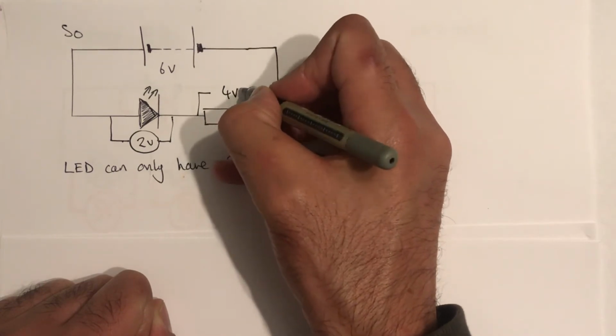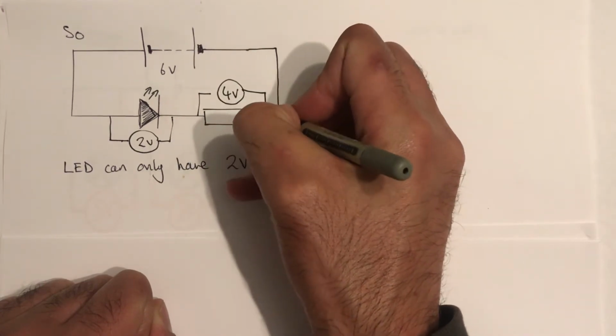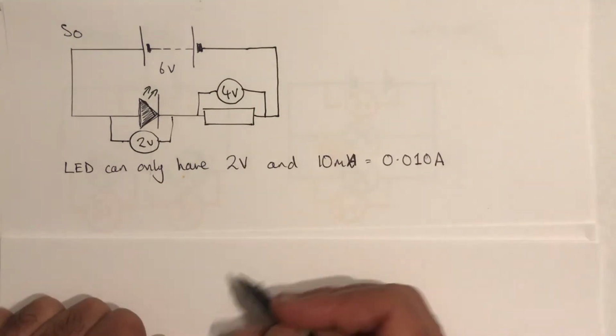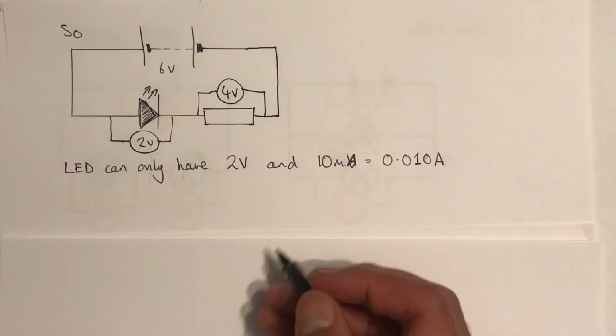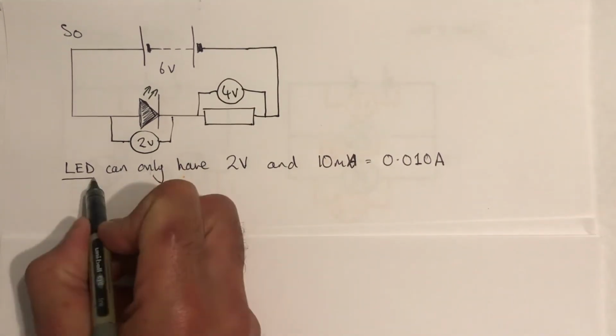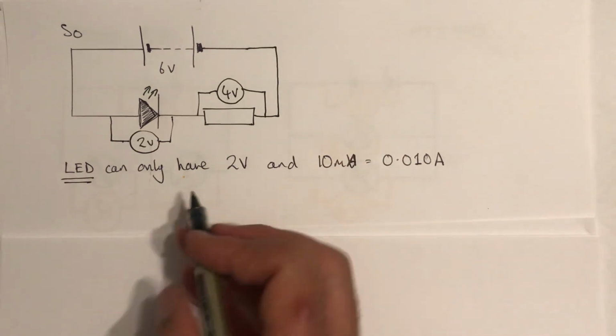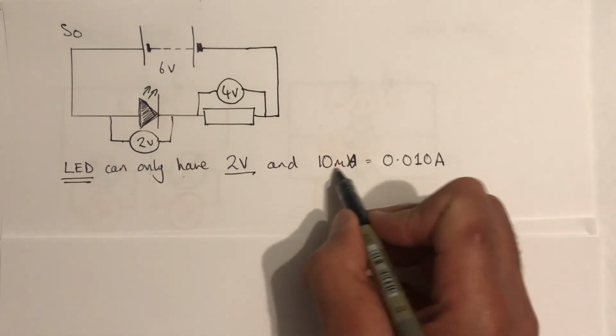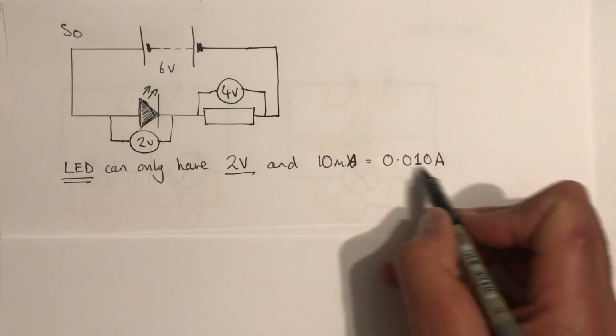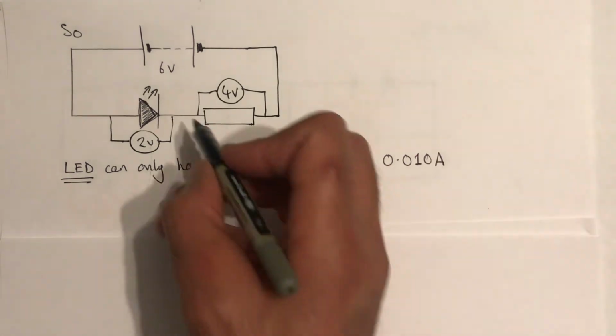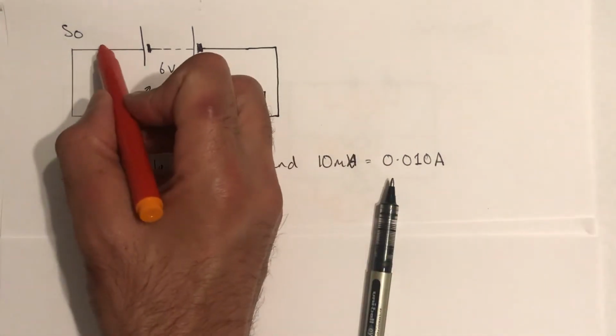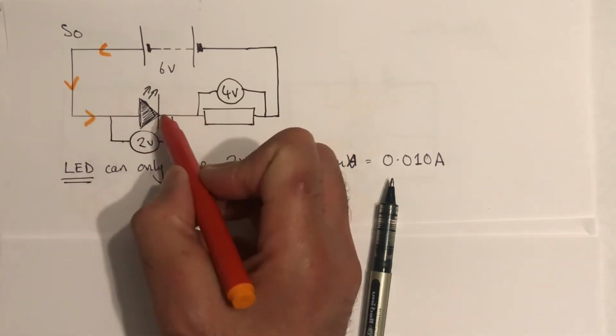Okay, so that's what I need. So that sorts that out. But the LED that I'm told about in this particular case can only have 2 volts and 10 milliamps. So that's 0.01 amps. So I know that all the way around this circuit, it's a series circuit, the current will be the same everywhere.